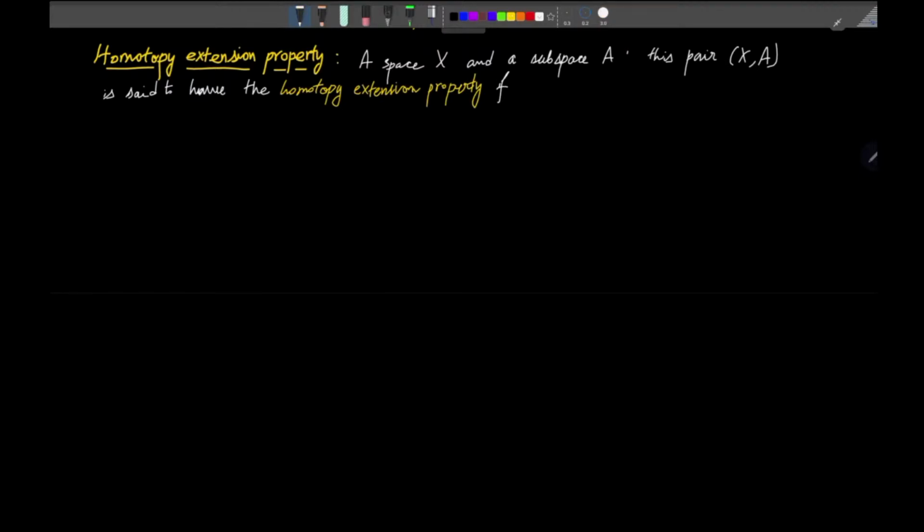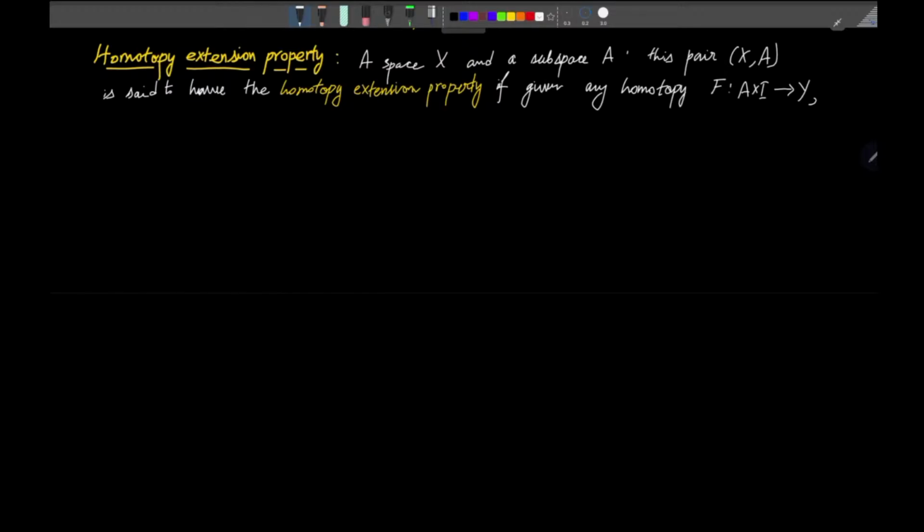If, now we got the definition of the property, if given any homotopy, let's say F, the homotopy is given on the subspace A, so A cross I to any space Y. When we say any homotopy, we also implicitly include any space Y and a homotopy of A to Y. Given any homotopy like that, and what else is given?